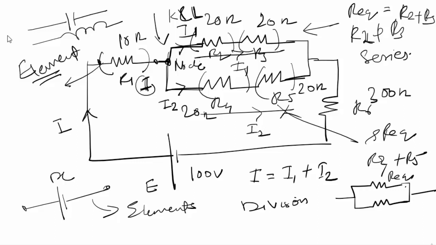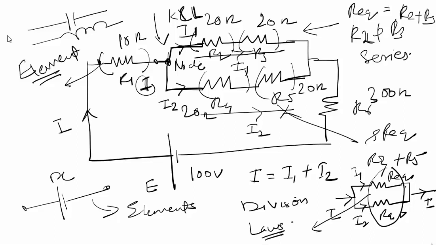The current coming here is I, and the current leaving here is I, but it divides itself as I1 and I2 here. So these two elements are in parallel, and you will have to apply the laws for solving parallel circuits.